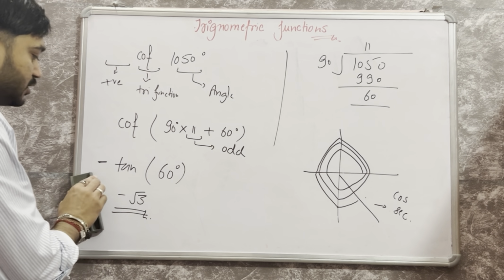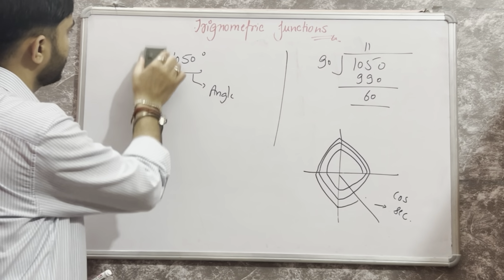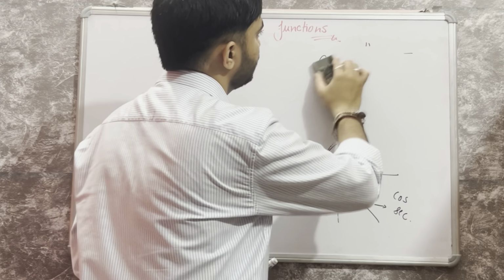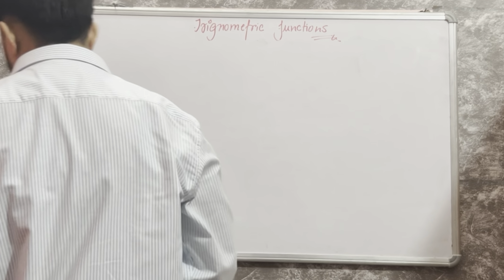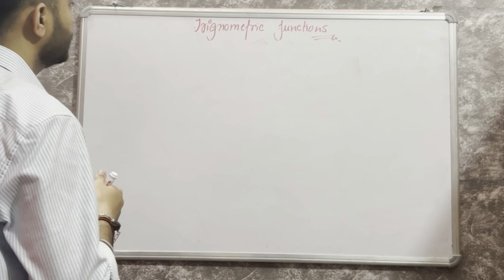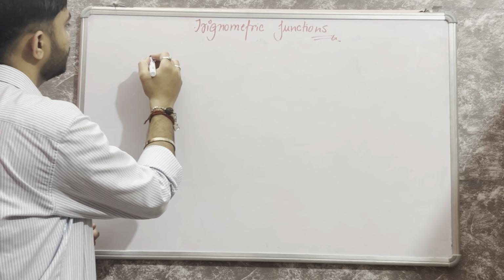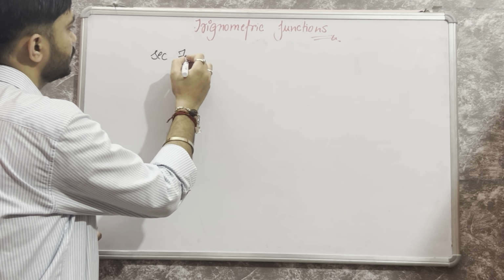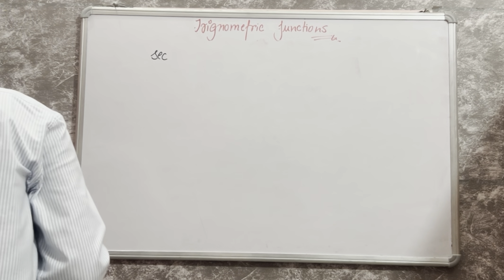Now moving towards the next question. We are going to solve one more question based on it and then move towards the negative sign questions. What if we are going to find the value of sec 1410 degrees, let's take a harder value.